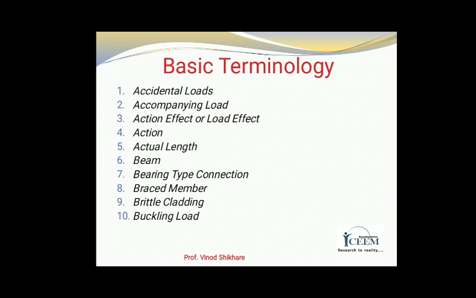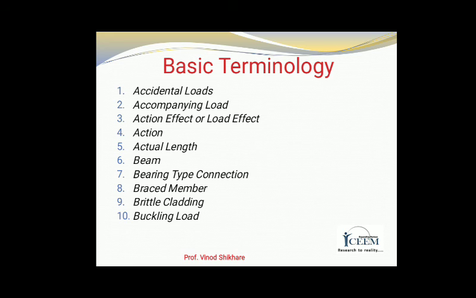Next term is braced member. A member in which the relative transverse displacement is effectively prevented by bracing. An example of bracing is stacking or providing plates between two vertical members to avoid the transverse displacement of the member.